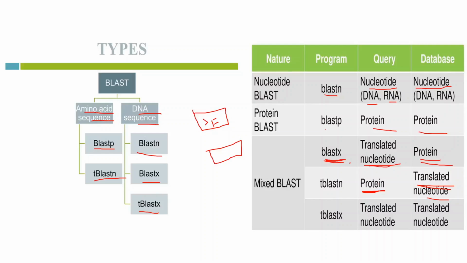That will also be protein, but it is present in the form of translated nucleotide. Then you have TBLASTX. TBLASTX is translated nucleotide searched against translated nucleotide. Both things are translated and both things are nucleotide. So these are the different types of BLAST.